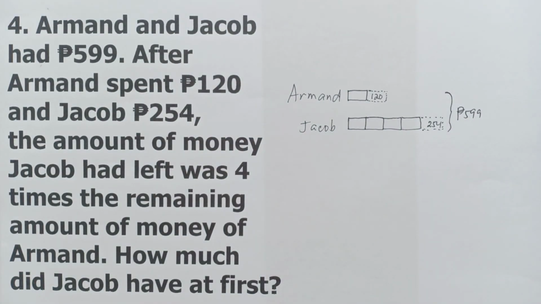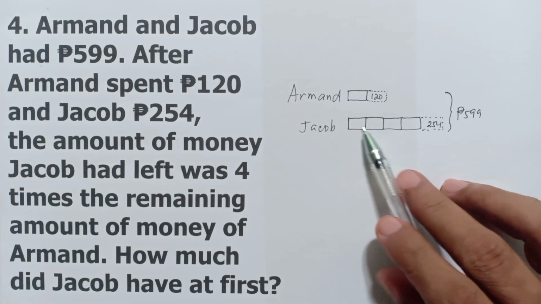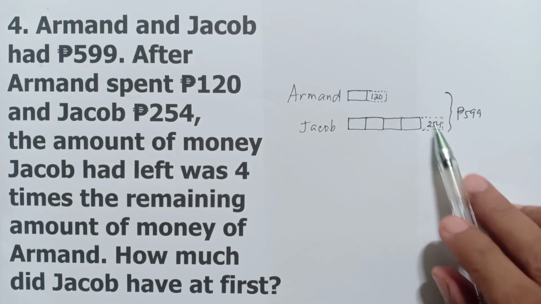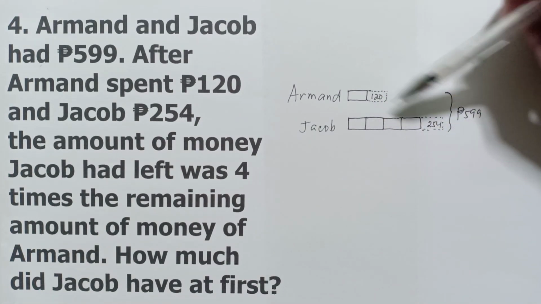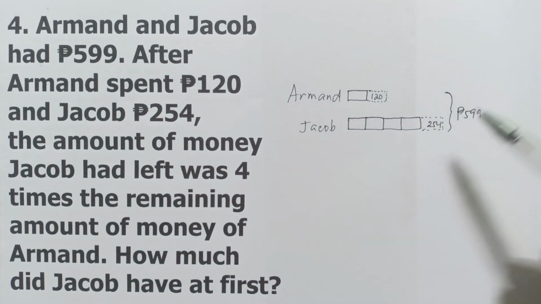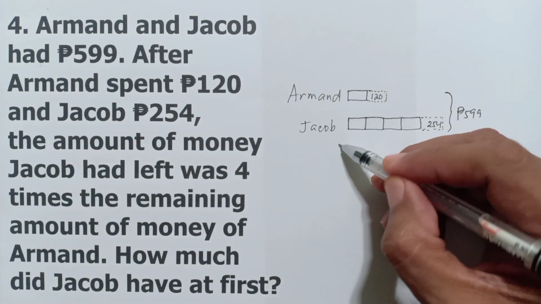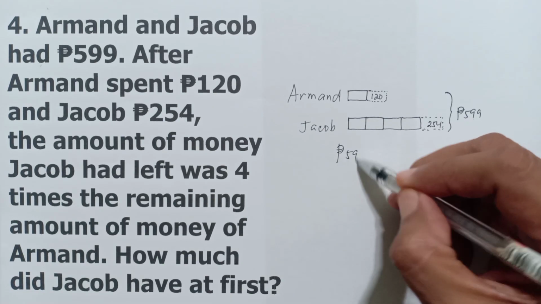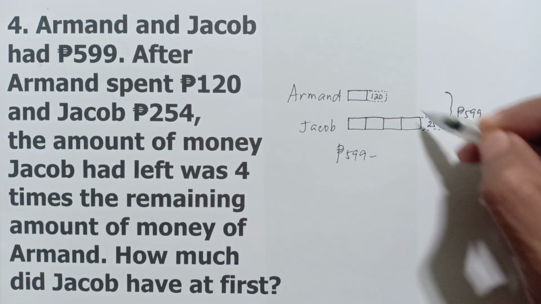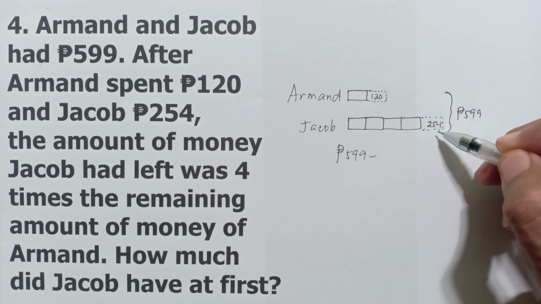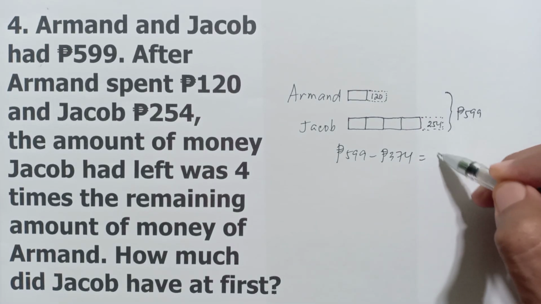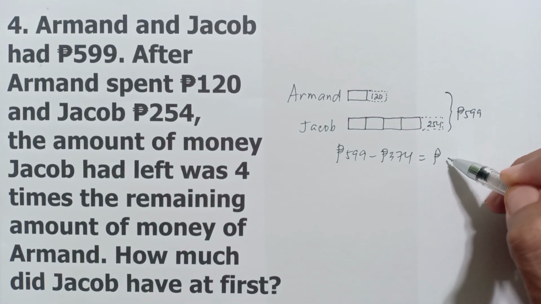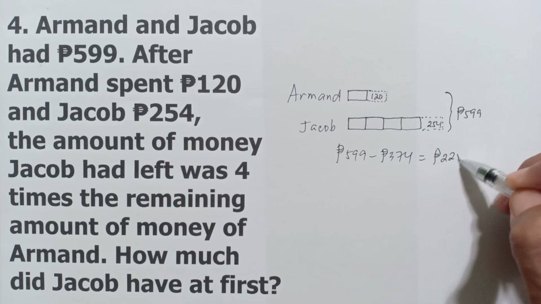599. So, again, these 5 equal boxes plus these 2, their total is 599. So, let's remove these 2 amounts here so that we will have 5 equal parts. So, let's subtract 599 minus these 2, their total is 374, correct? 374, and that will give you what? 225, correct?